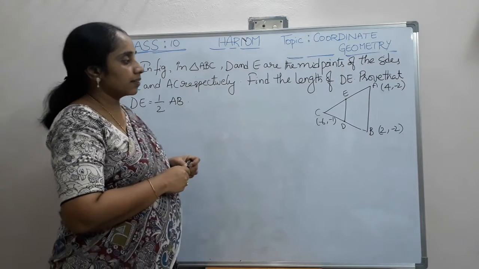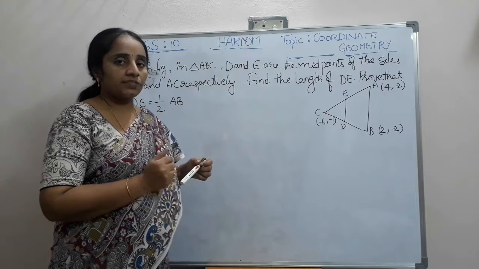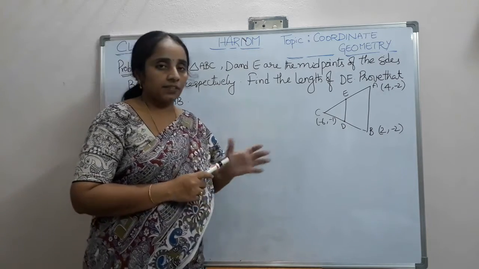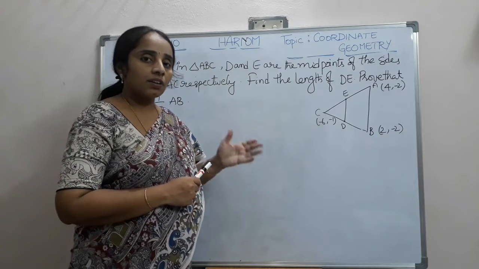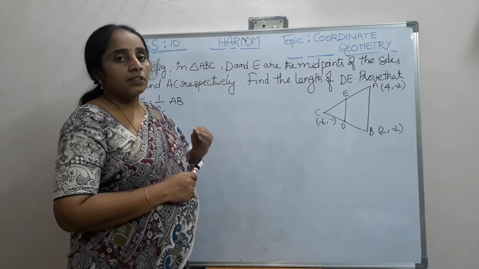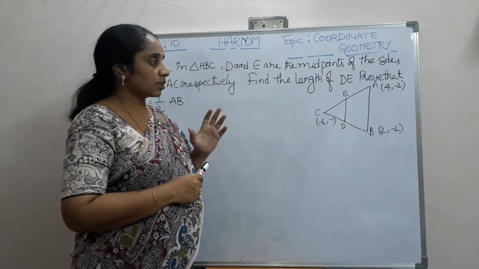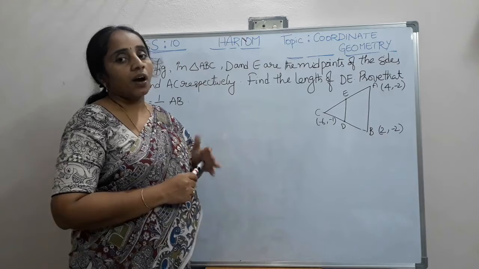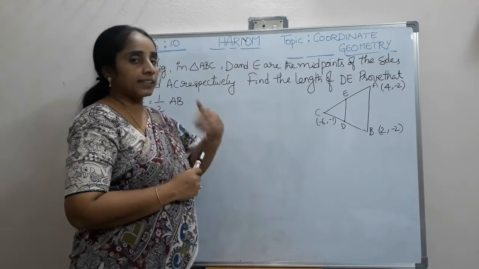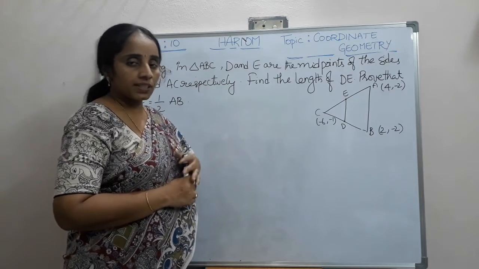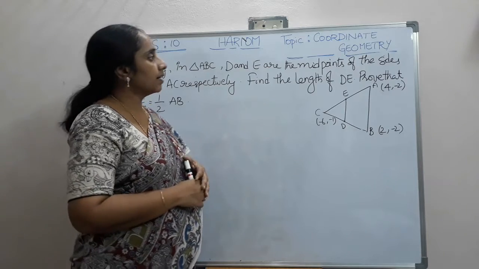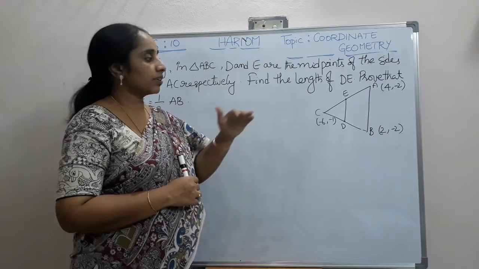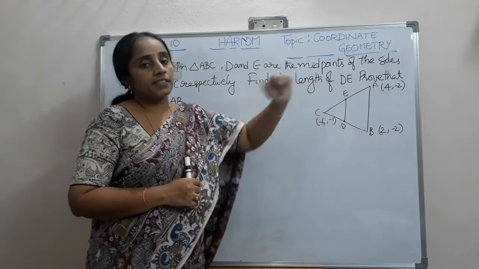To prove that, what we should do at first is find the length of DE. To find the length of DE, you have to know the coordinates of D and E. How will you get D and E? In the question itself, they have given that D and E are the midpoints of BC and AC.